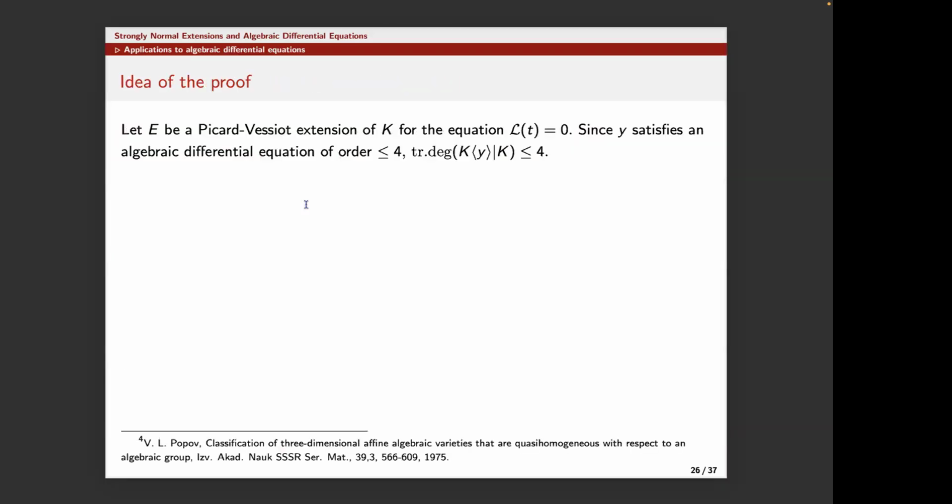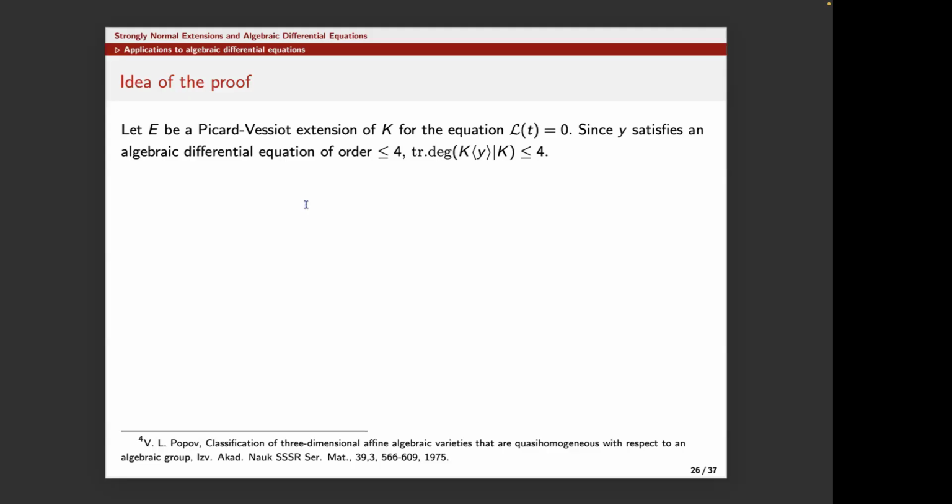I'll explain briefly the idea of the proof of this theorem. Basically, this theorem uses the full potential of our proof of the main theorem on differential subfields of Picard-Vessiot extensions. And we do have a better understanding of the differential subfields of Picard-Vessiot extensions whose transcendence degree is less than or equal to 4.